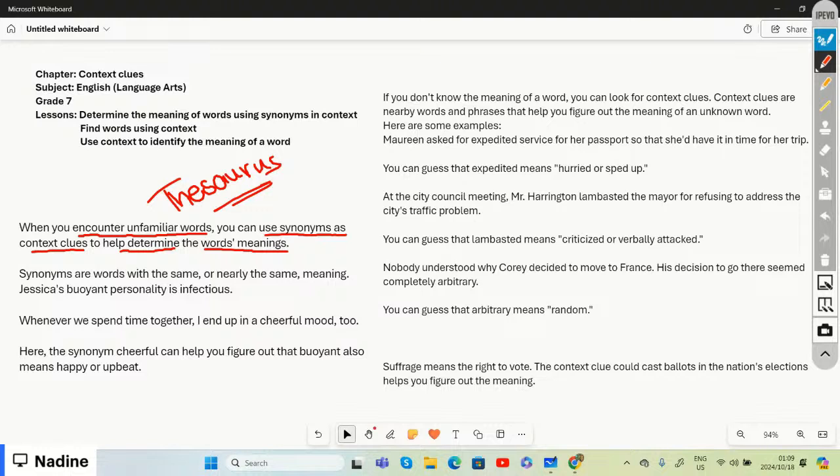Let's say you find a word that seems too big, and even with a meaning, you still don't know the word. Go to a thesaurus that will give you synonyms of that word, and one of those words you will probably understand, or it will give you an idea of what the text, the story, or the phrase might be.